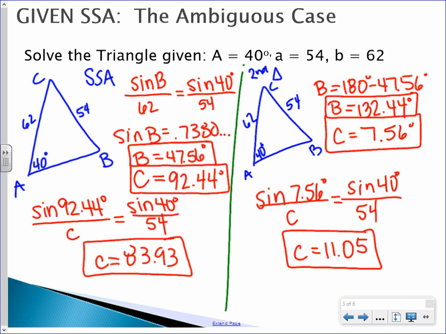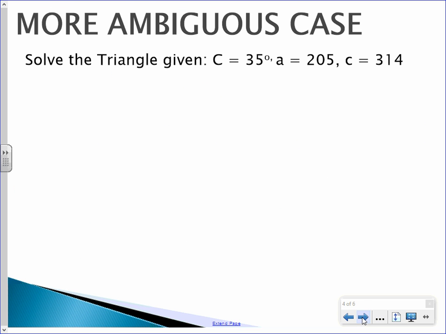All right, let's look at a case that may not work out the same.